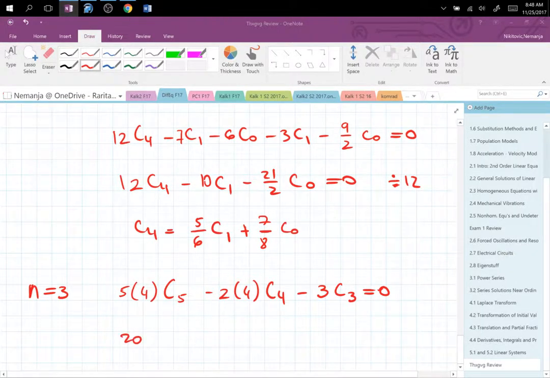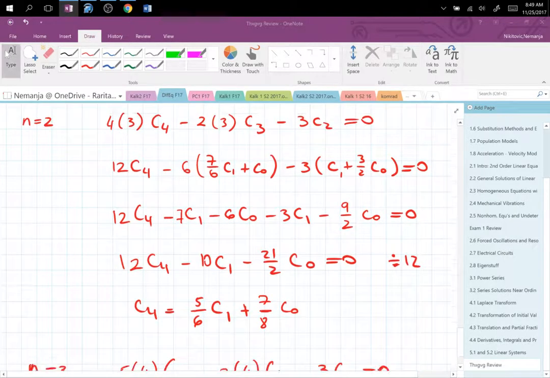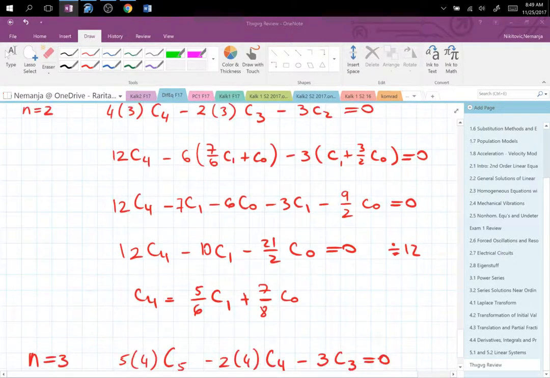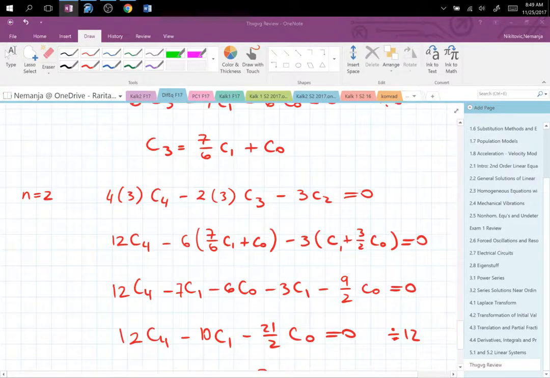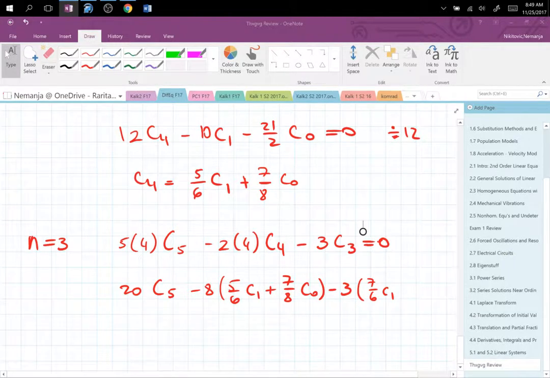So that's 20 c5 minus 8 times c4, which is 5/6 c1 plus 7/8 c0, minus 3 times, and the c3 was 7/6 c1 plus c0, equals 0.